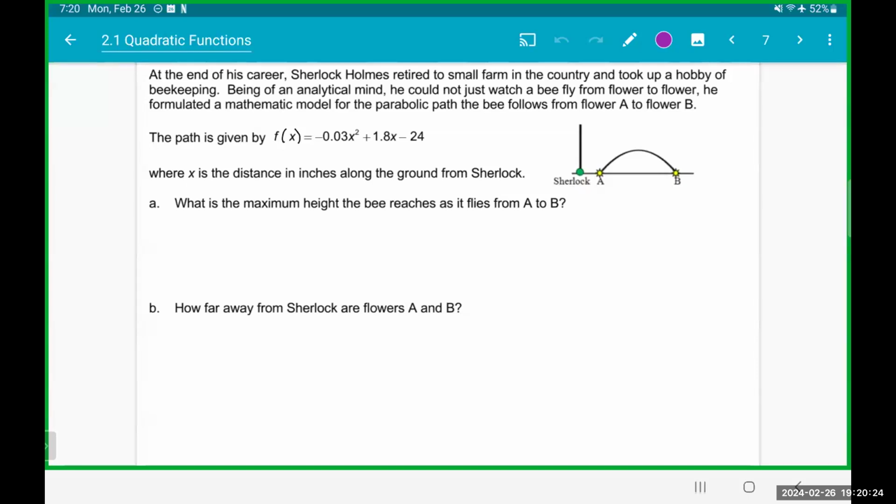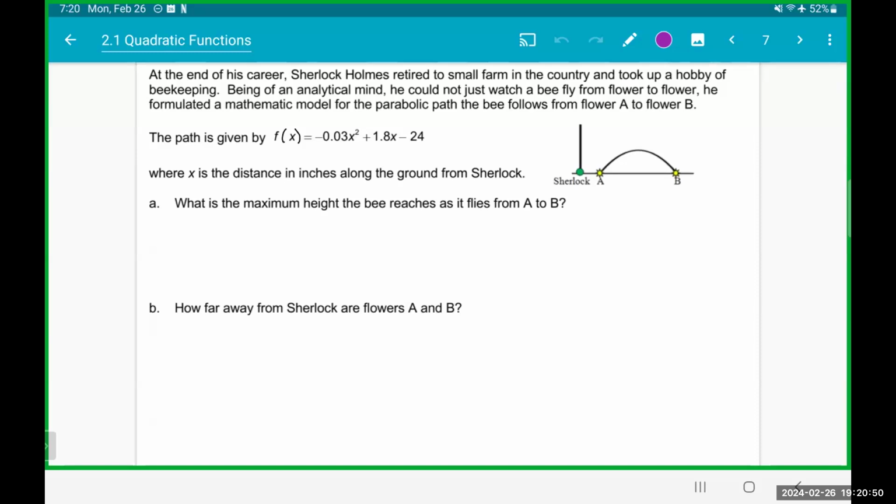Being of an analytic mind, he could not just watch the bee fly from flower to flower. He formulated a mathematical model for the path that the bee took from flower A to flower B. That's given here as negative 0.03x squared plus 1.8x minus 24.